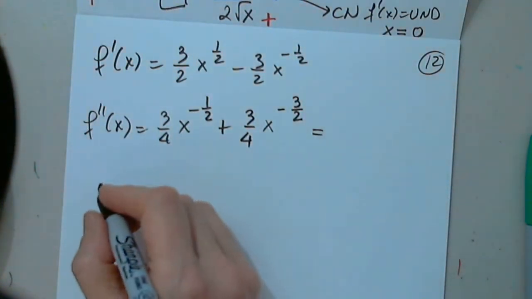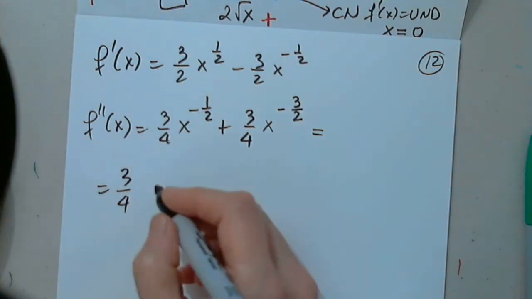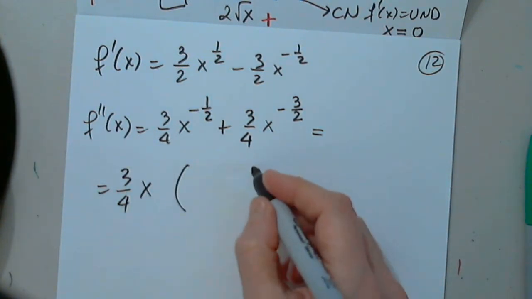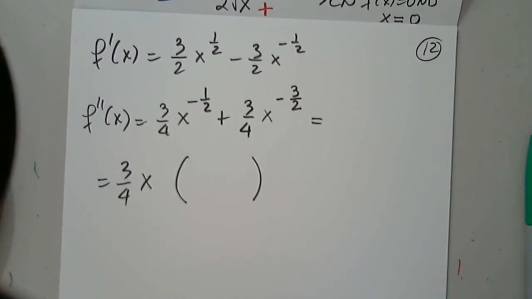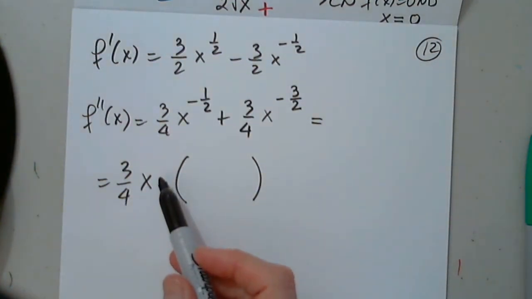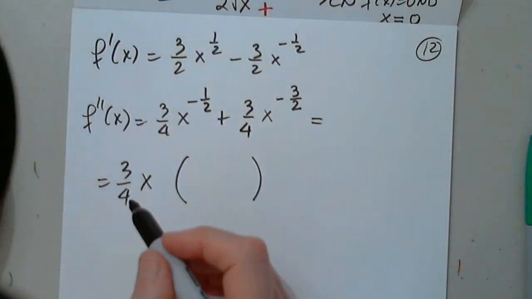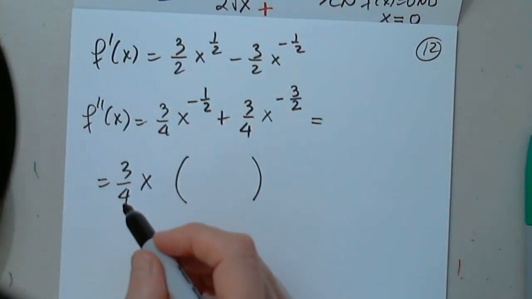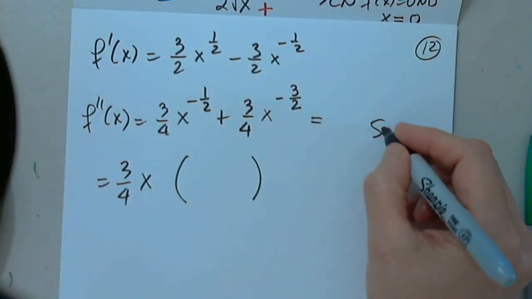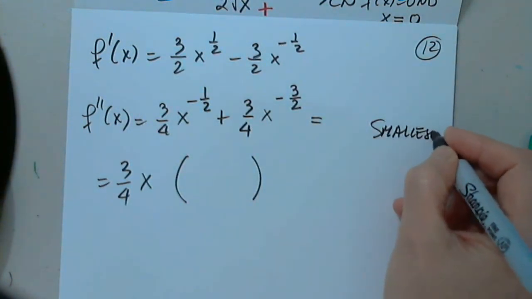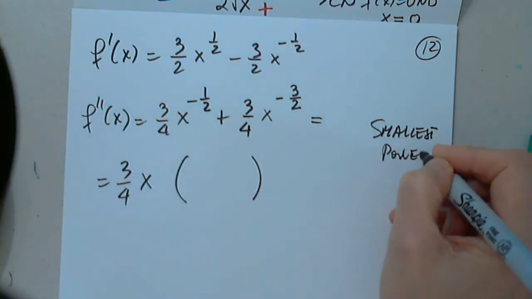Yes, I have to factor out 3/4 and x. And you'll tell me which power x will have as a factor. Negative 1/2. The smallest of the two, always the smallest power. Oh, negative 3/2. Excellent.